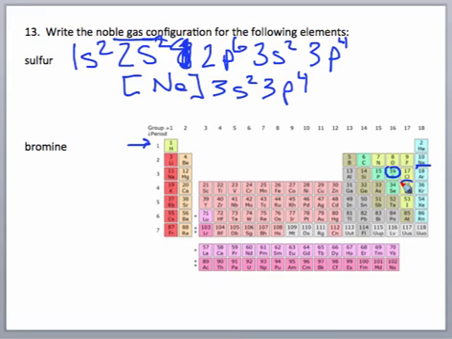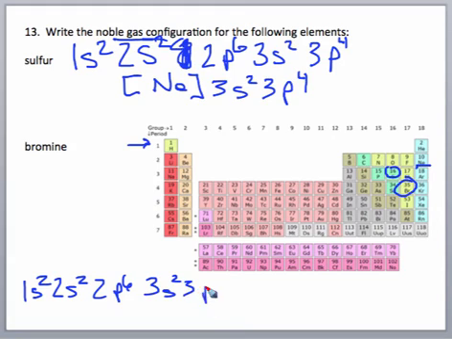So for bromine, which is here, we would go through the whole electron configuration, 1s2, 2s2, 2p6, 3s2, 3p6, 4s2. Now remember, when we go into the D block, we drop back down to 3d, go through all 10 blocks, and then back to 4p, 5.